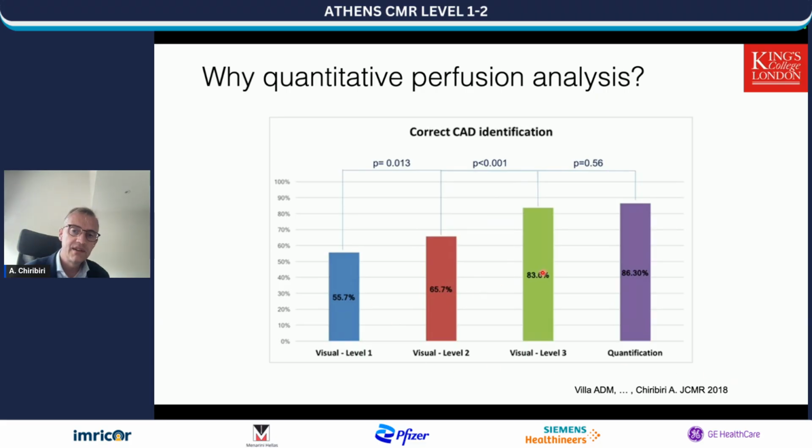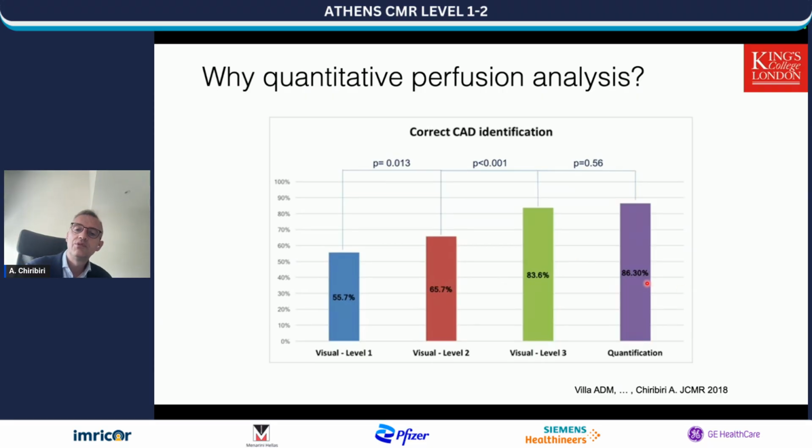You see that if you are level 2 accredited, that's the minimum to report independently, you will be as accurate as a SPECT scan in detecting ischemia, that is around 66%. And if you want to be as good as the CMR studies have suggested that CMR can be, that's 84-85% accurate, then you need to be level 3. And I would say level 3 plus. Our level 3 readers in this study are really academic level 3 readers.